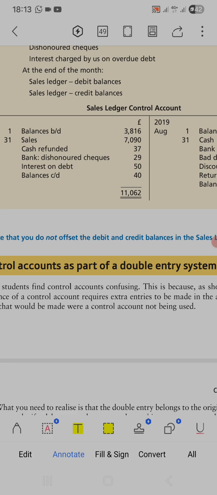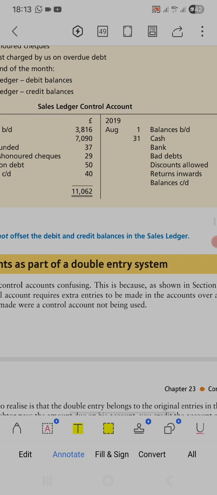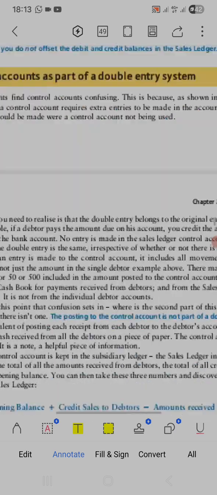So that is the format for the sales ledger control account. So let us move on to the purchase ledger control account and look at the format.